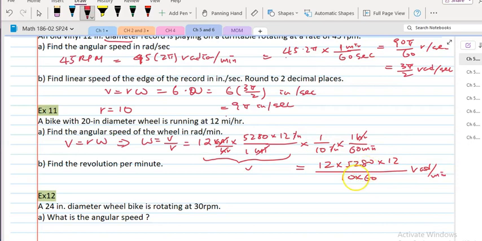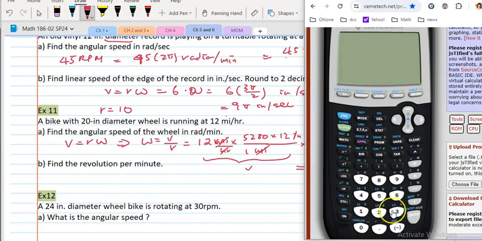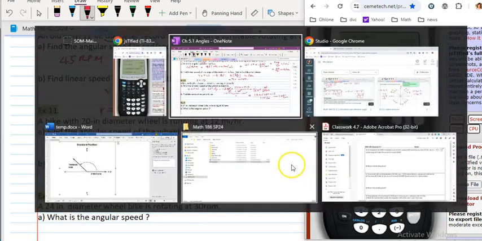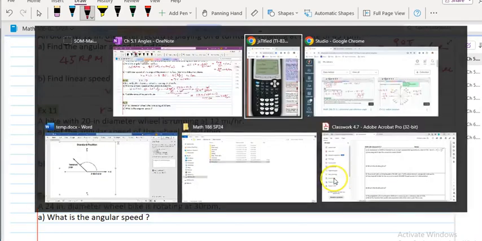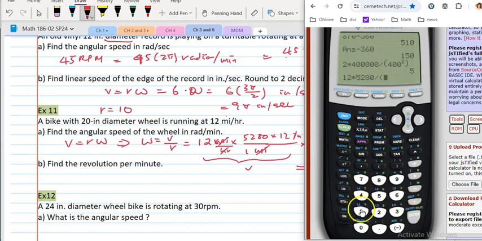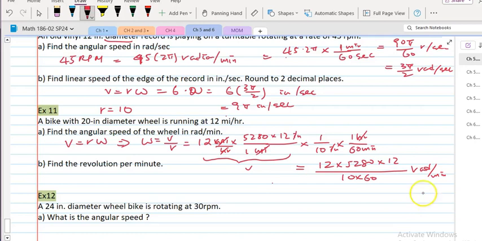So it's a lot of change of units. 12 times 5280 divided by 10 times 60 gives 105.6 radians per minute.